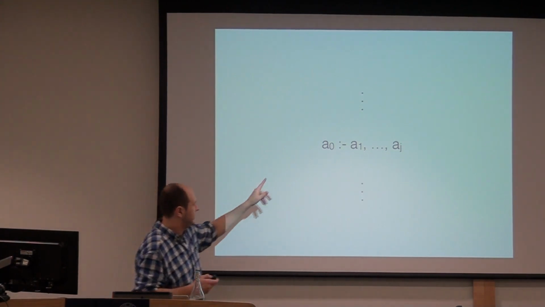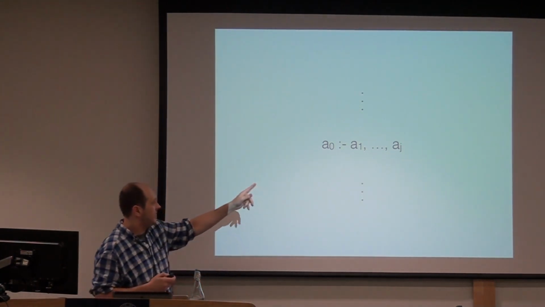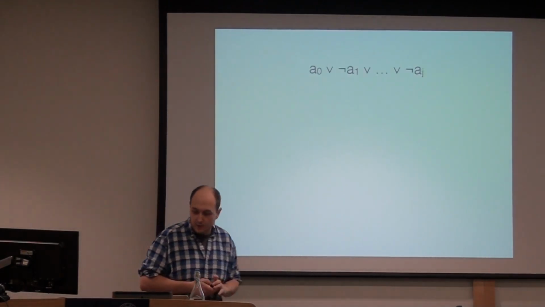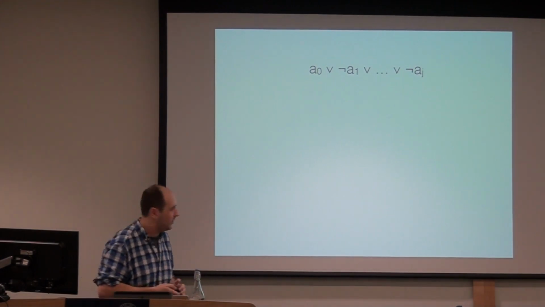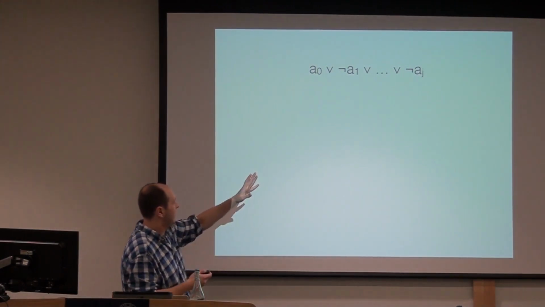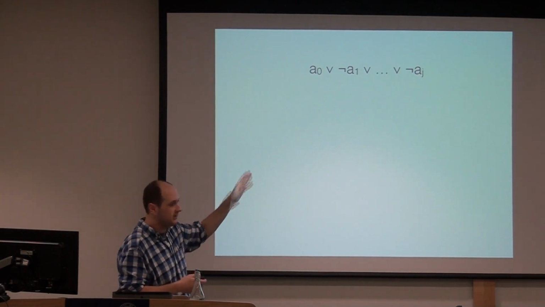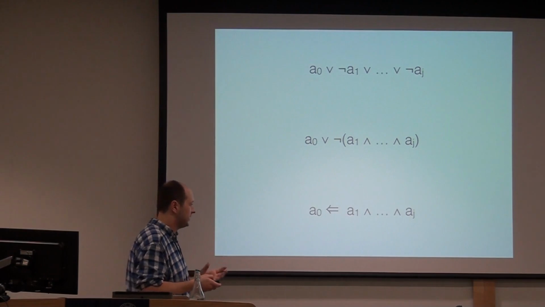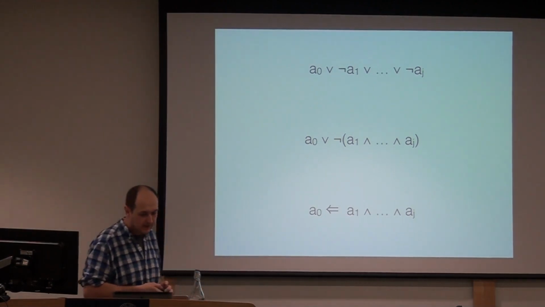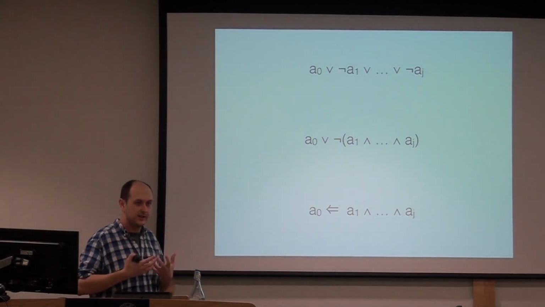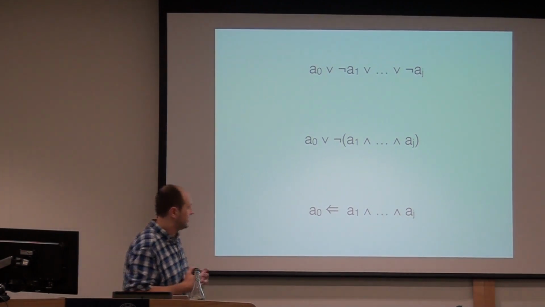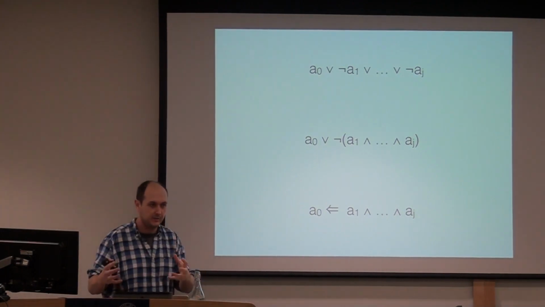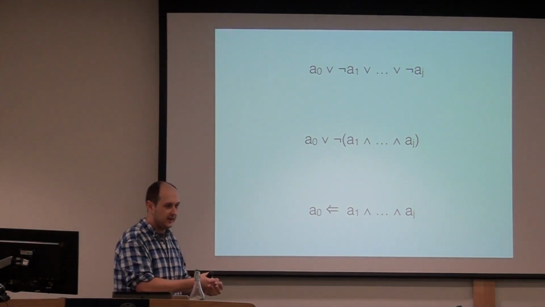And each rule says basically some atom, A0, is implied by the conjunction of some number of other atoms. And this is a Horn clause because a Horn clause is a disjunction of atoms where all but one of them are negated. And if we apply De Morgan's rule and then rewrite this, we can see that this is just the implication. So what we're able to do in bottom-up solving of a Datalog program is to basically find all of these implications, and when a set of facts applies, we can add the requisite fact that we need to.